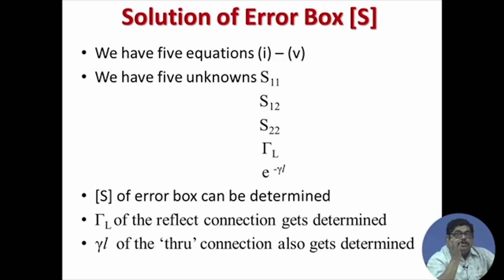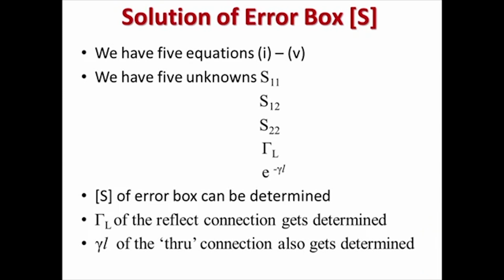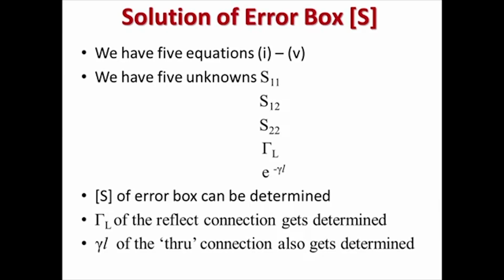Due to the error box reciprocity, we know S12 and S21 will be the same. So, S21 is not shown here. So, S11, S12, S22: 3 unknowns. Gamma L is an unknown, that means the reflection coefficient of the load that we have connected in the reflect connection, and in case of the line, the gamma L. So, these 5 unknowns are there, we have 5 equations, they can be solved.